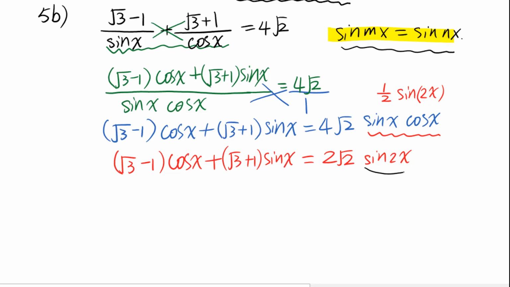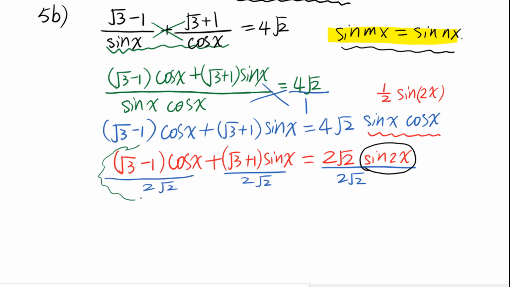Since we get this sine 2x, we will consider, can we change the equation into sine mx equals sine nx form. So we divide it by 2 square root of 2. See what's gonna happen.